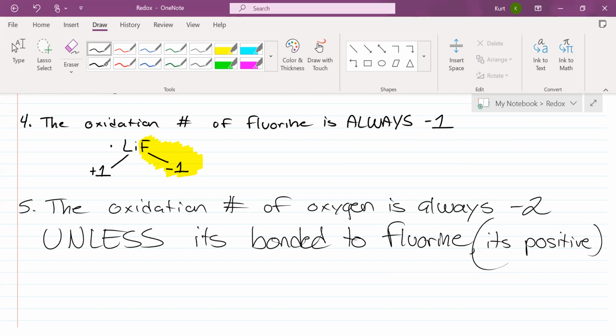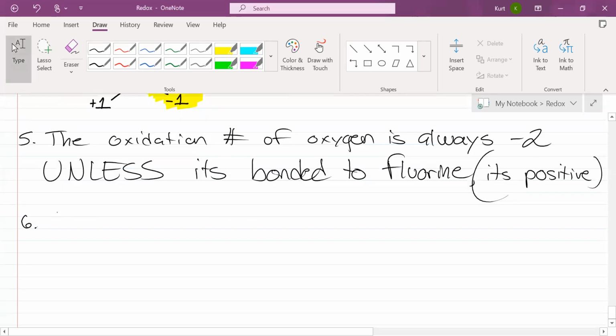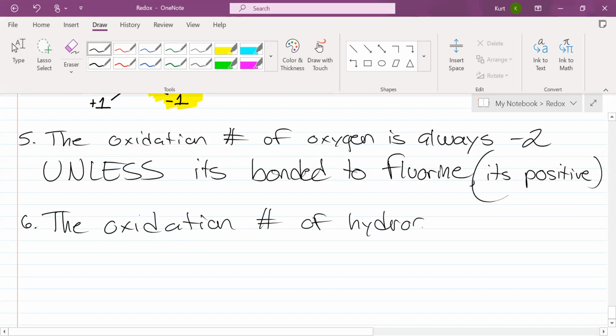Okay, 5 down, 4 to go. All right, this one's easy. The oxidation number of hydrogen is +1.